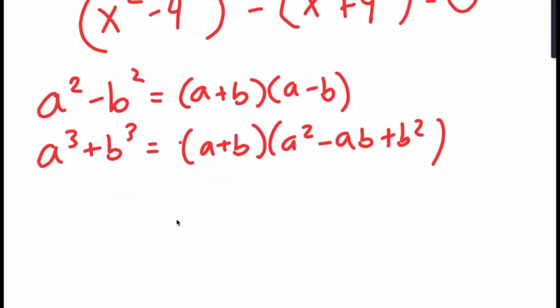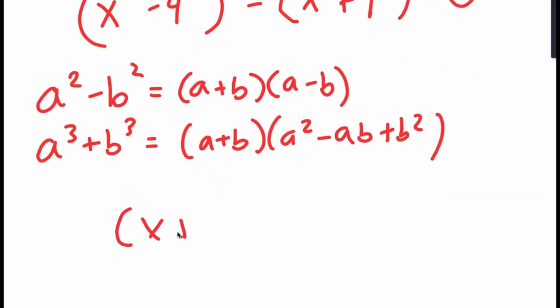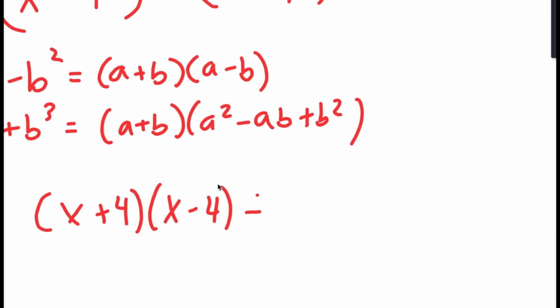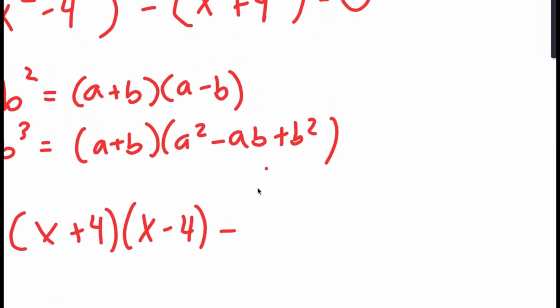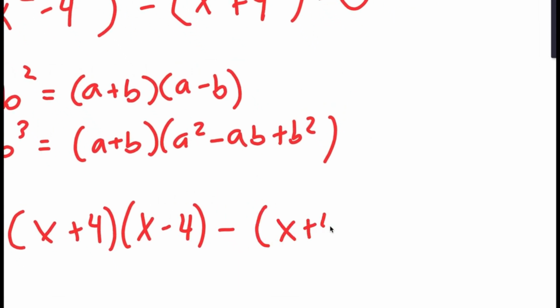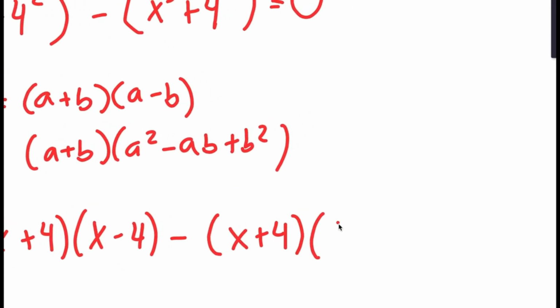So x squared minus 4 squared turns into x plus 4 times x minus 4. And x to the power of 3 plus 4 to the power of 3 turns into x plus 4 times x squared minus 4x plus 16.